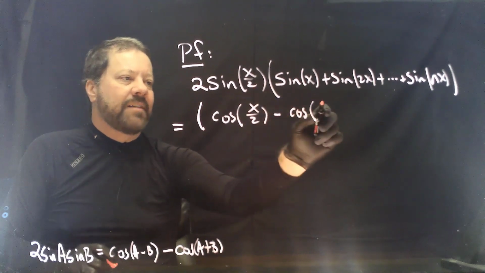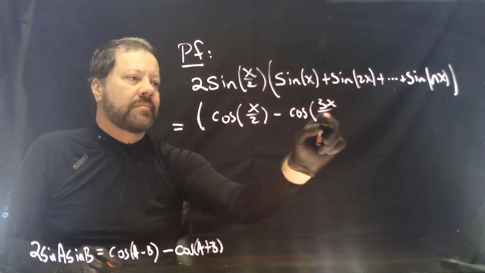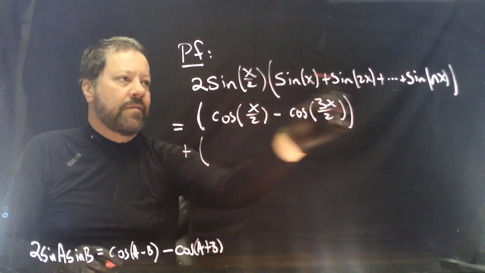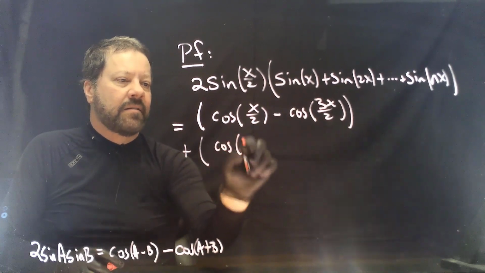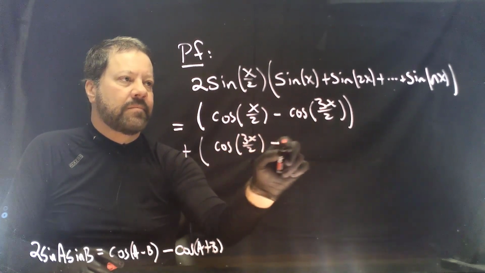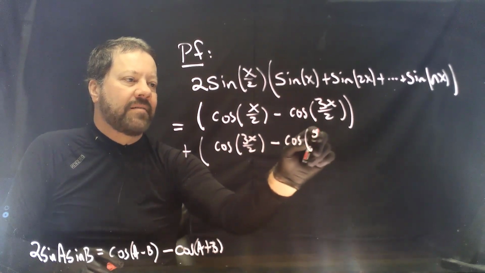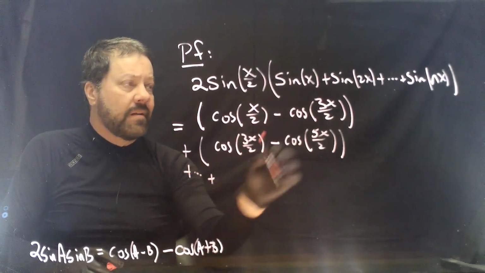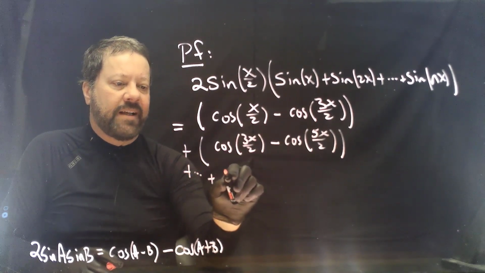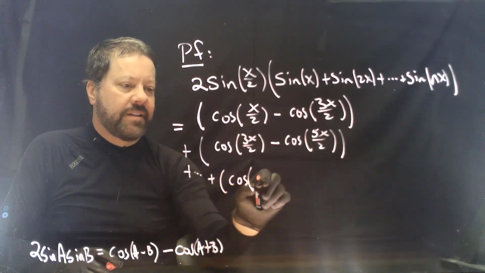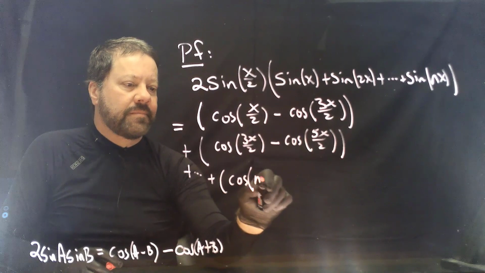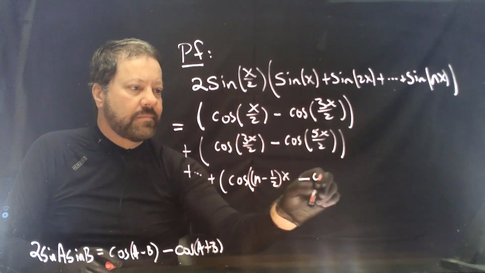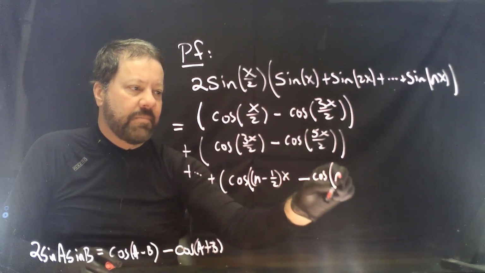On the next one, you add them. For the next term, you subtract and then add. All the way down to the end, where we'll have the cosine of the difference, cosine of the sum.